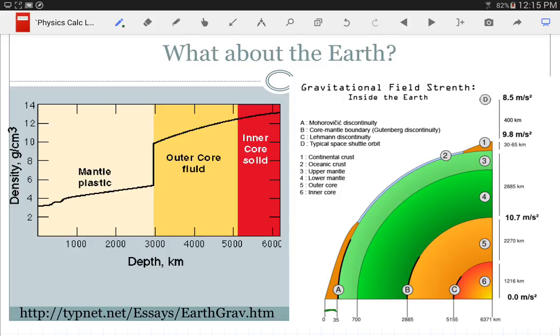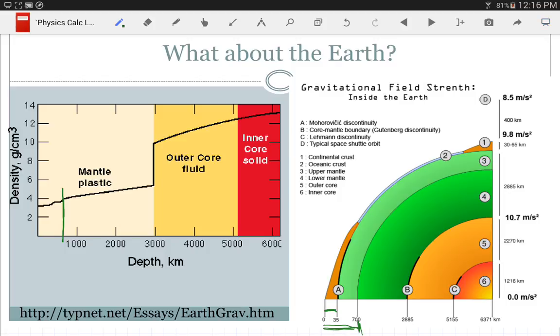Once we get below that, the Earth is very uniform in its spherical shape, but the density is not uniform. So you can see here some variations going on essentially for the first about 700 meters going down to this point here.